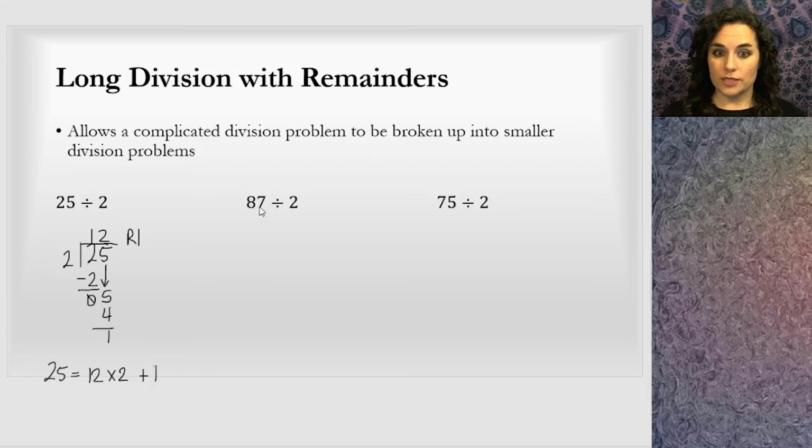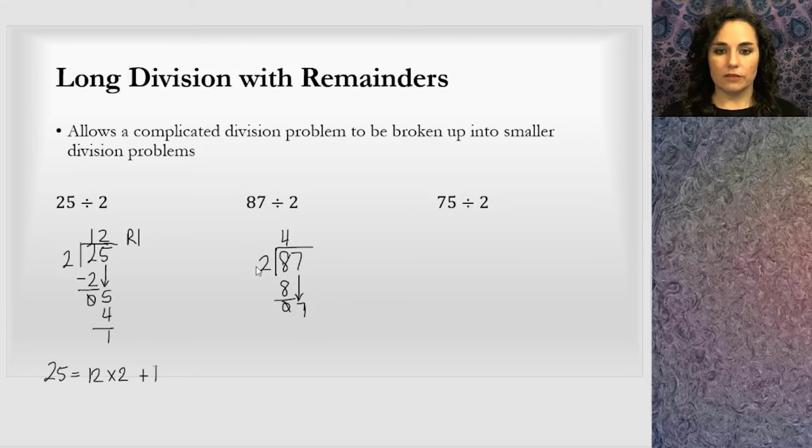We're going to do the same thing with this problem here. 87 under the house and do a 2. How many times does 2 go into 8? 2 goes into 8 4 times. 4 times 2 is 8, and there is no remainder. Bring the 7 down.